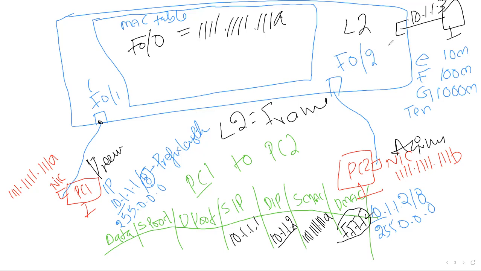So it goes to port F02 and F03. Both receive it and check the destination IP. And 10.1.1.3 will say that this is not for me because my IP is different from the received IP. So F0/3 will discard it. But PC2 will recognize that the received info is for it.